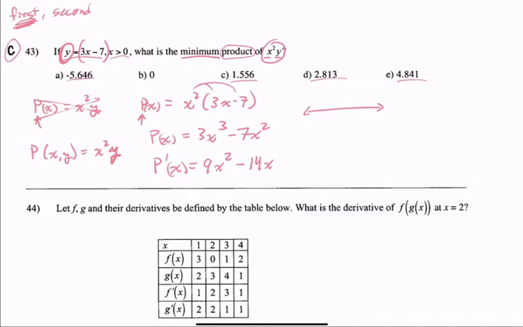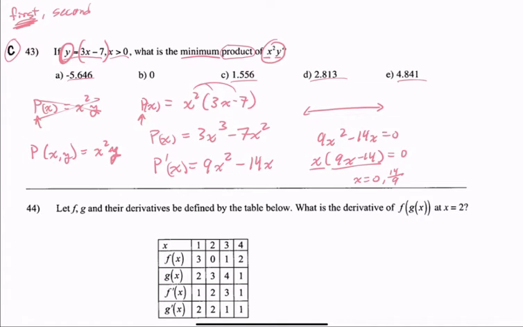In order to find my critical values, I have to set 9x squared minus 14x equal to 0. This is the first derivative test. To find that, I'm going to simplify this by factoring out an x. So I get x times 9x minus 14. I set each of these factors, x and 9x minus 14, equal to 0. So I get x equals 0 and x equals 14 over 9.